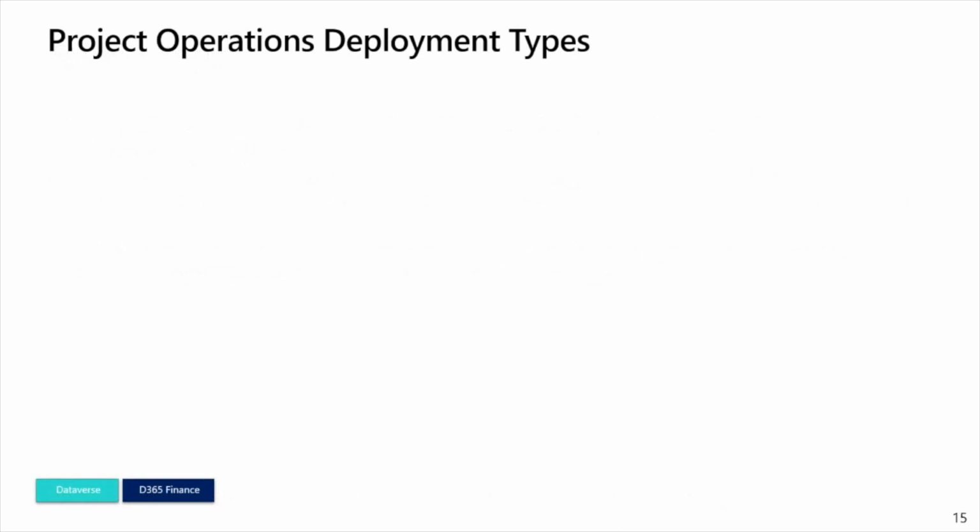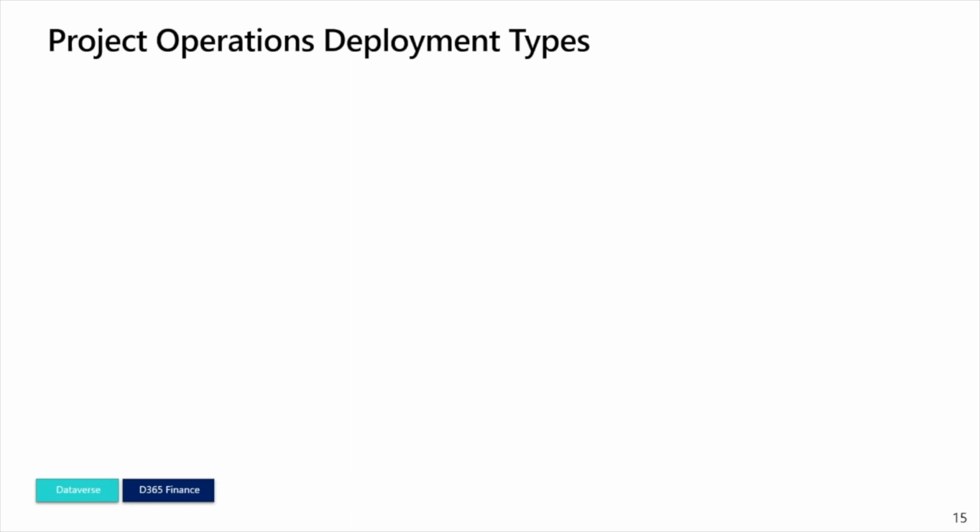The breadth of all the capabilities of applications built on Dataverse CE and project management and accounting in Dynamics 365 Finance and FNO goes under the overall project operations umbrella. Project operations is available as a license SKU with all the capabilities included.